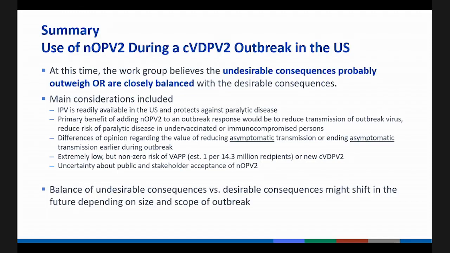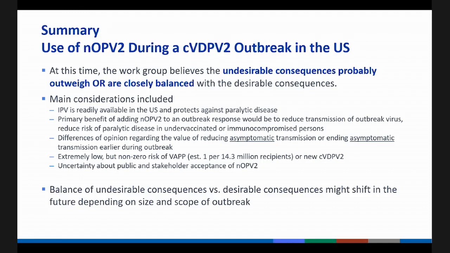So I think you're correct that an oral vaccine would not be more likely to be taken than the IPV. And in fact, as a mitigation strategy, we probably would not want to give an oral vaccine in the absence of IPV.